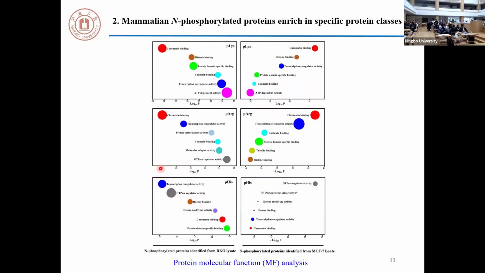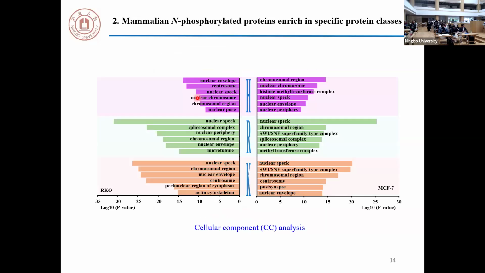And protein molecular function enrichment analysis shows these proteins are enriched in chromatin binding, histone binding, protein domain specific binding, cadherin binding, transcriptional co-regulator activity, and ATP-dependent activity.